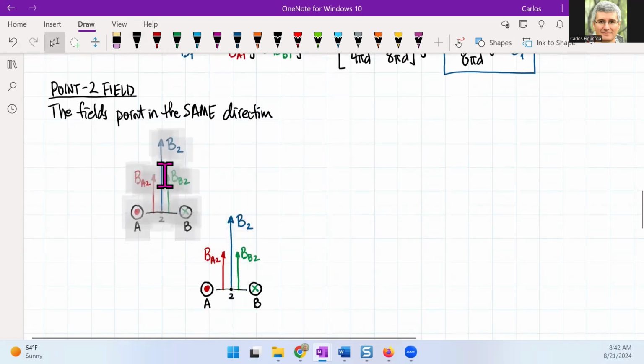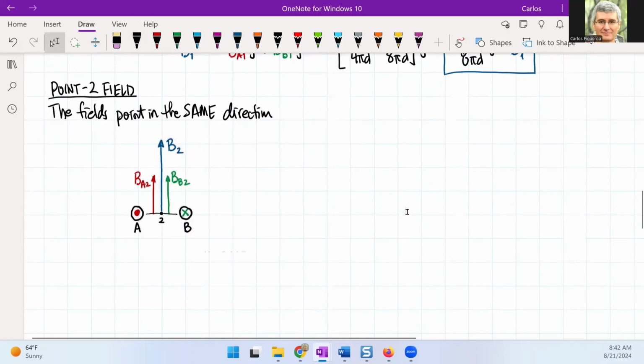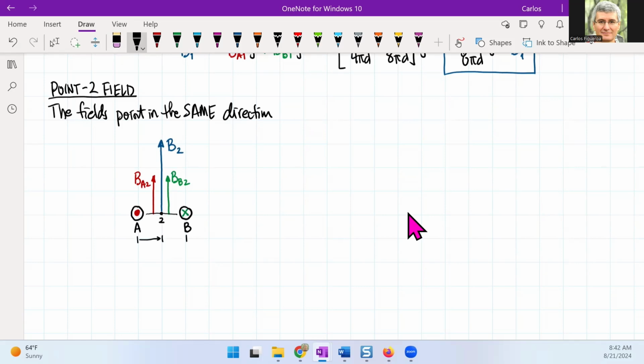So if I look at this field, we know what these distances are. From here to here, this distance is little d, and that distance is little d. And again, this is our positive x, this is our positive y. So we just have to add these.